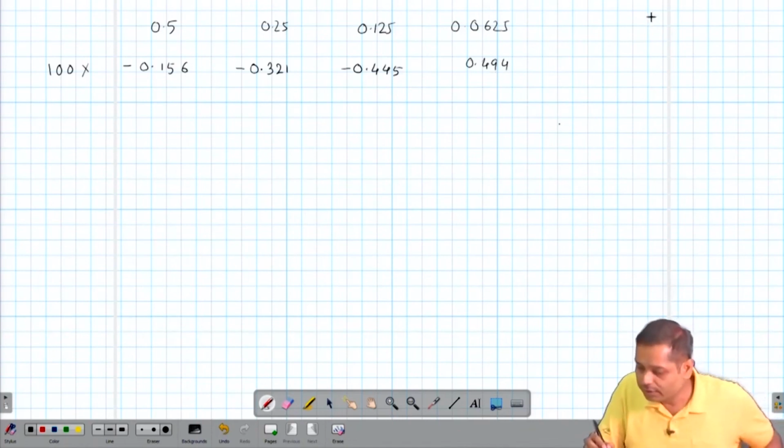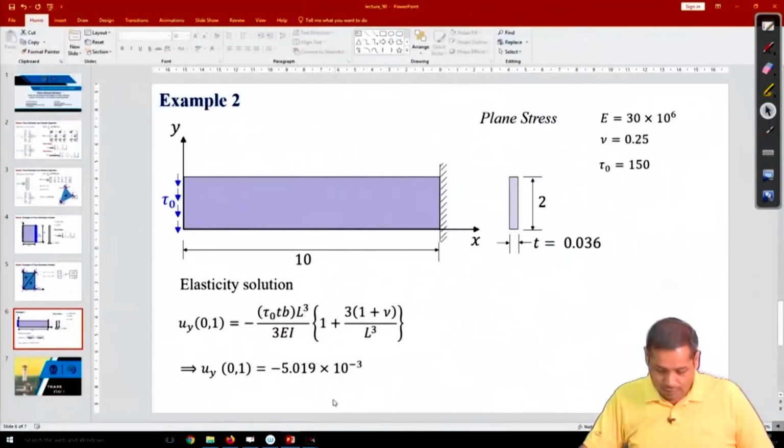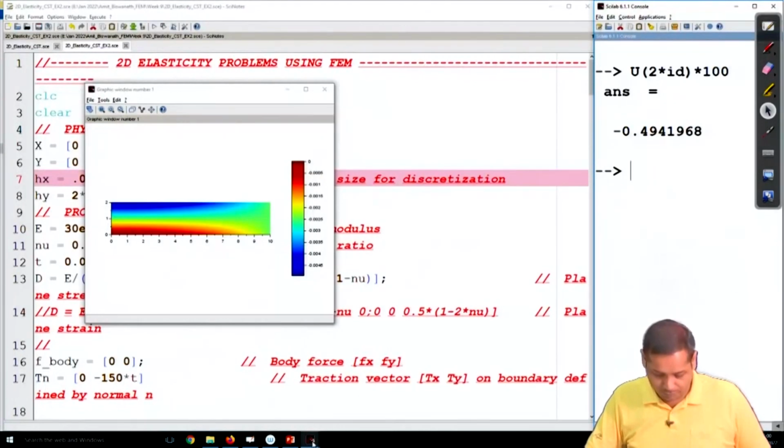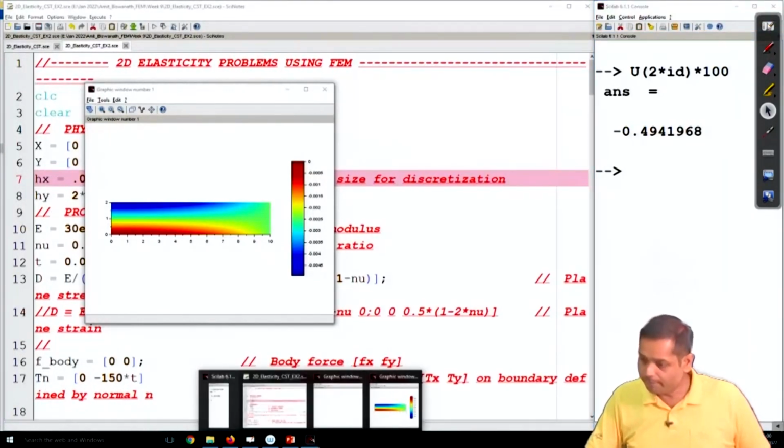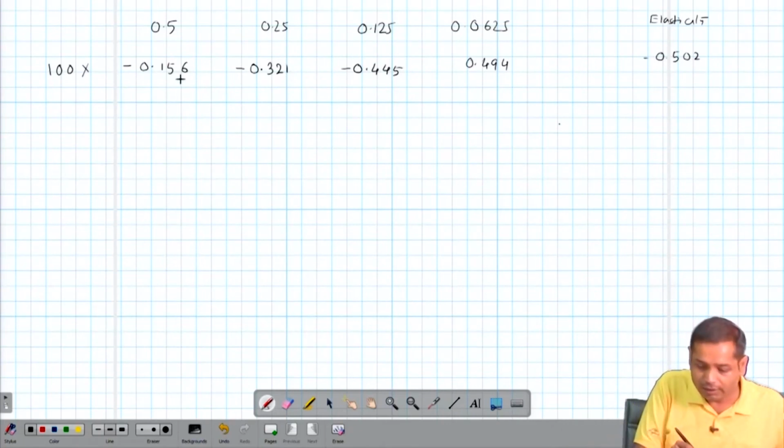Our elasticity solution is 0.502. So you see, we have started with 0.5 discretization.